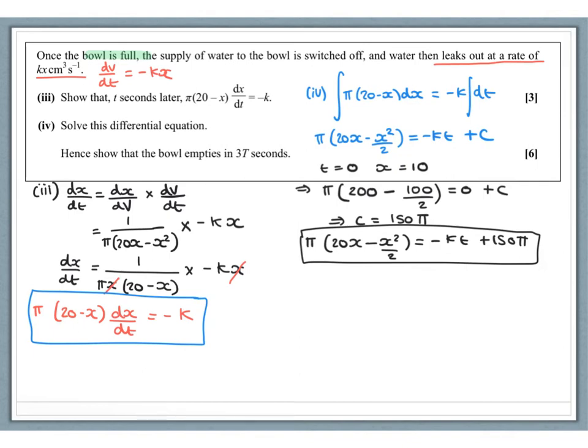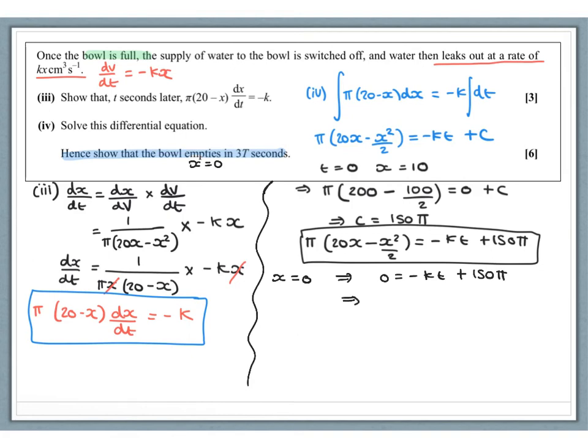So there's my solution to my differential equation. Now, hence show that the bowl empties in 3T seconds. Well, the bowl is empty. That means that x equals 0. So if x equals 0, well, the whole of the left-hand side becomes 0. So we end up with 0 equals negative kt plus 150π.